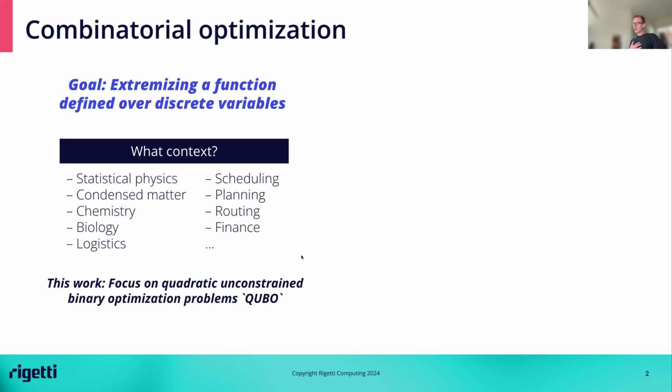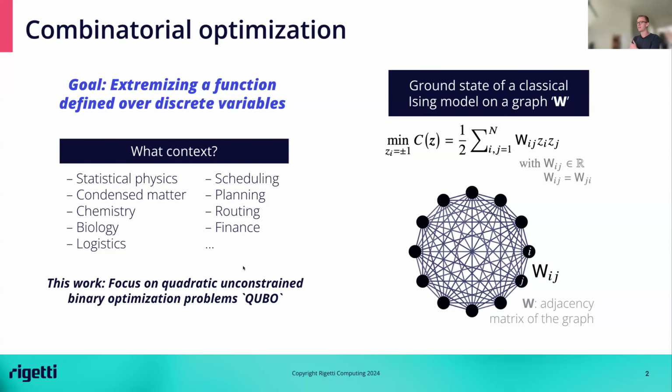And so in this presentation, I'll be focusing on a specific type of combinatorial optimization problem, which are quadratic, unconstrained, and binary. And if you're coming like me from a physics background, this is a fancy way of finding the ground state of a classical Ising model. Both problems are strictly equivalent.